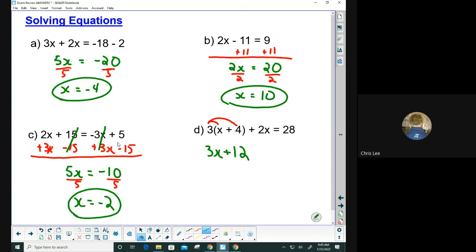So it's plus 12. It's a positive answer, so make sure you put plus 12. Plus 2x equals 28. So we've already made the question, which looks kind of tough, a little bit easier. Now it starts to look like maybe A or something like that.